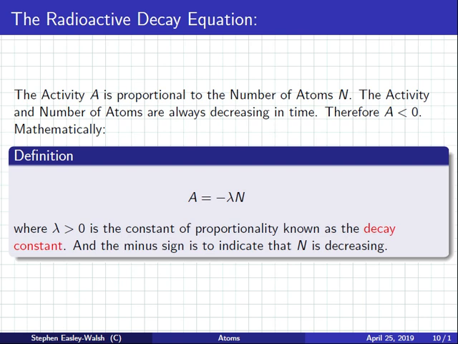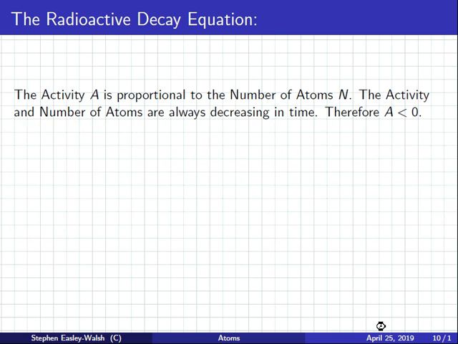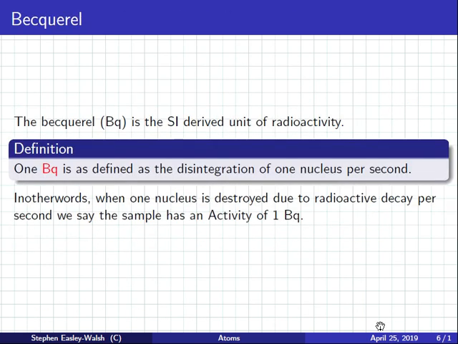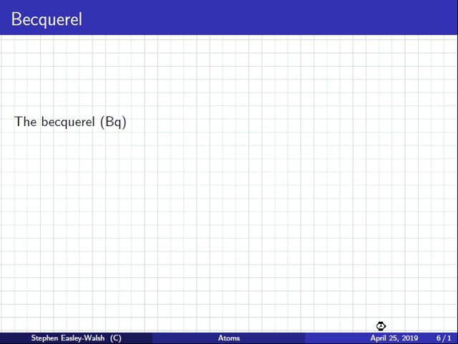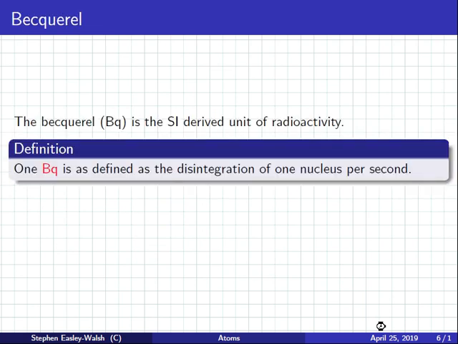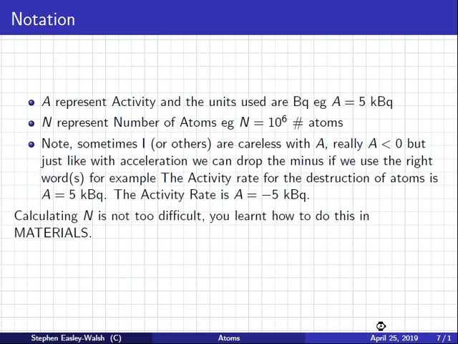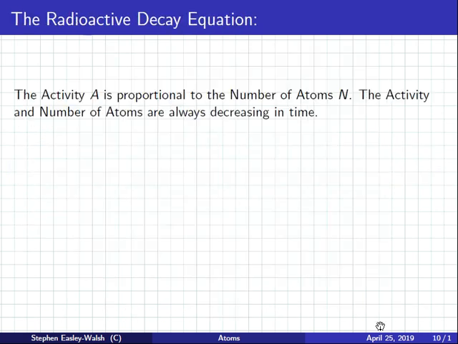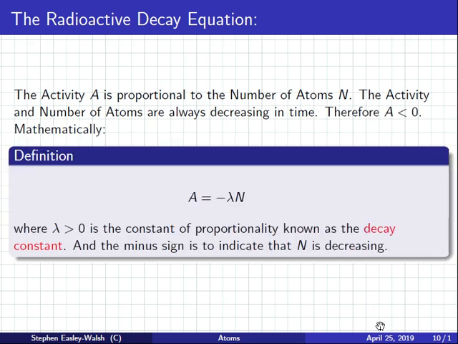Activity. We did it earlier. I can show you, when we talked about Bq. So A is something Bq. A is minus something Bq.